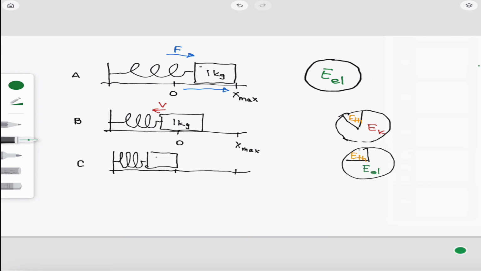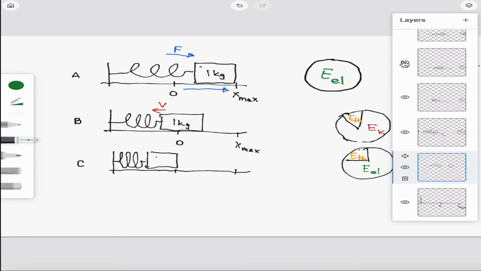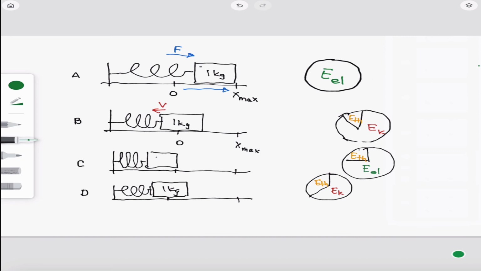The next position that we might consider is when it reaches full compression at the other end and comes to a stop. So at that point, all of that energy has been put back into compressing the spring. It's now all elastic potential energy, and it's gained some more thermal energy.